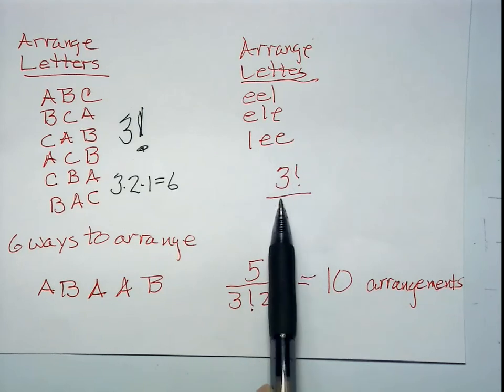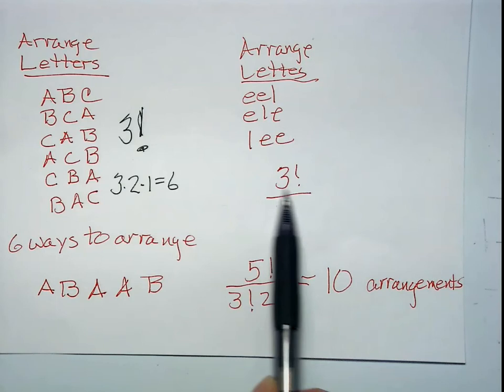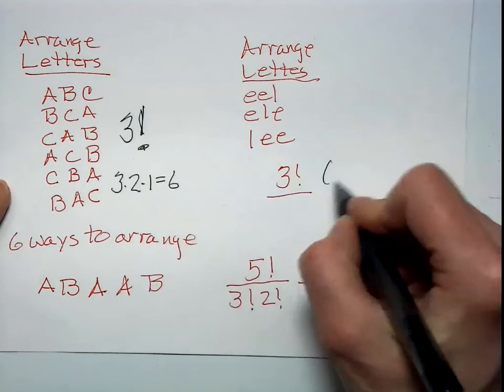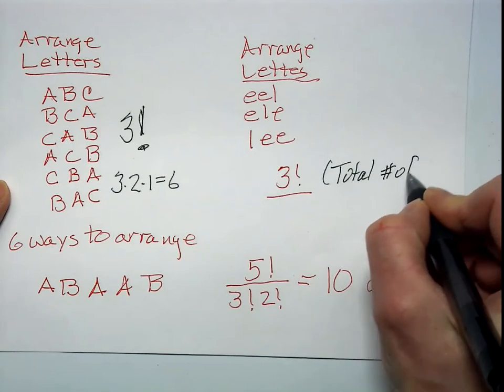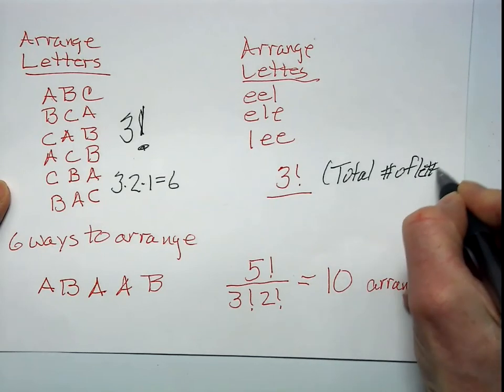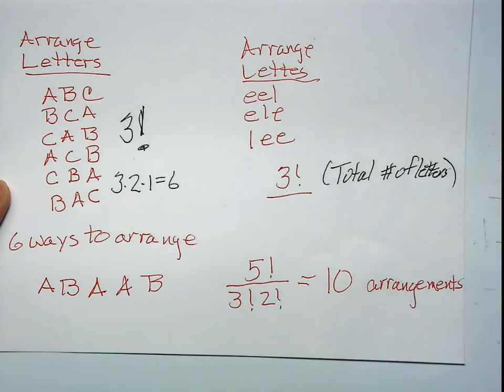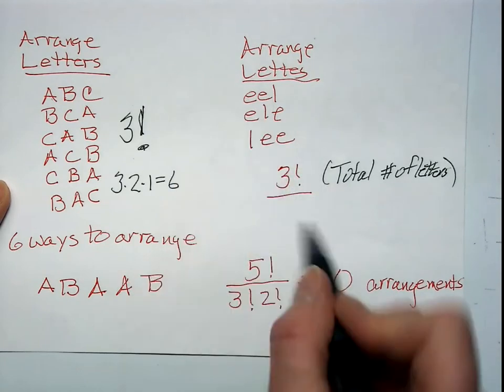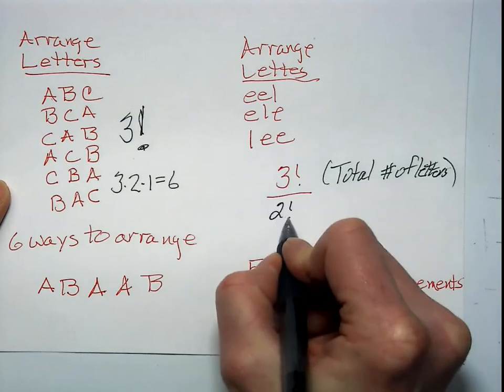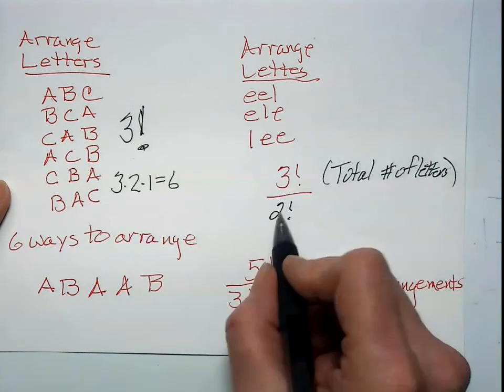We still put 3 factorial. However, this is the total number of letters. But we divide by how many repeated letters. Here we have 2 E's. We divide it by 2 factorial.